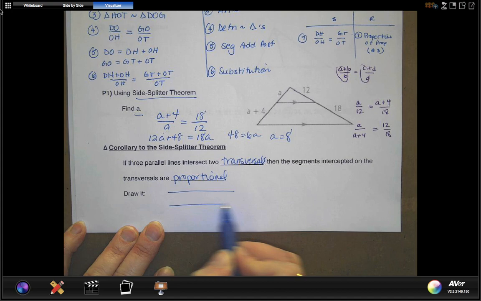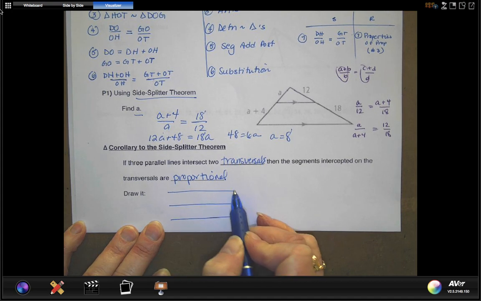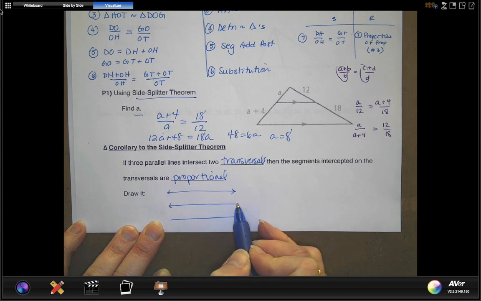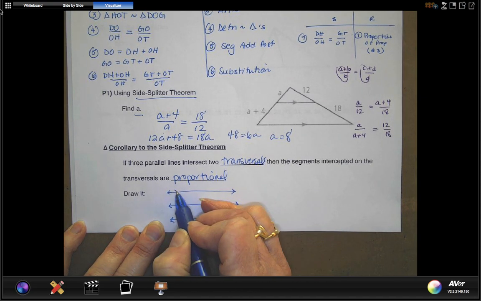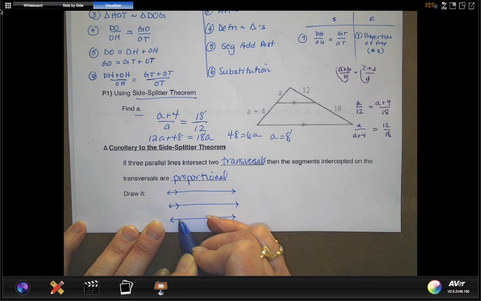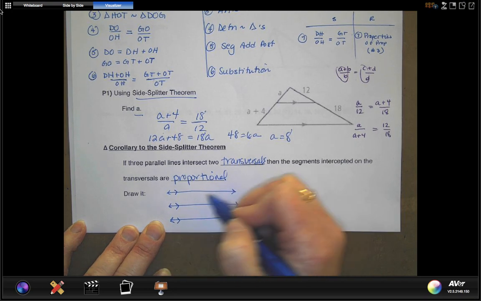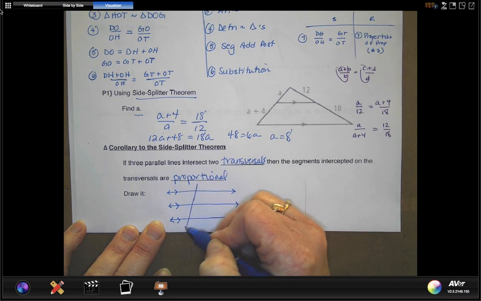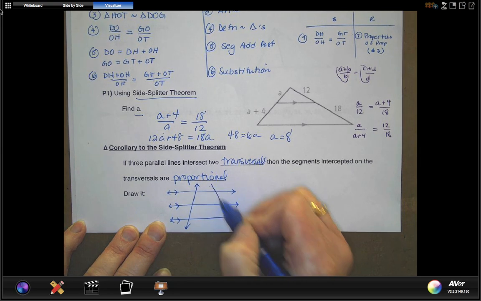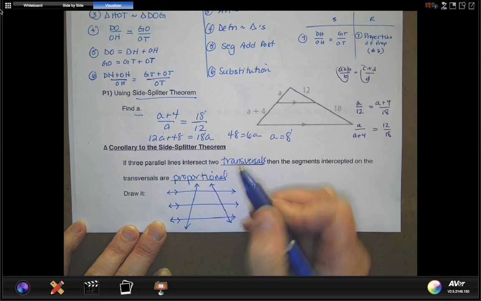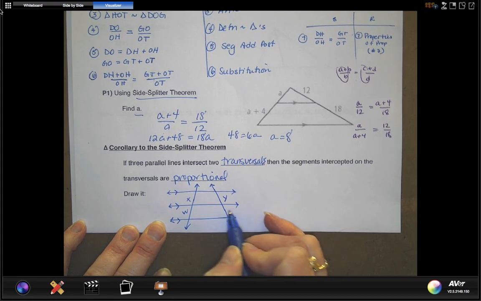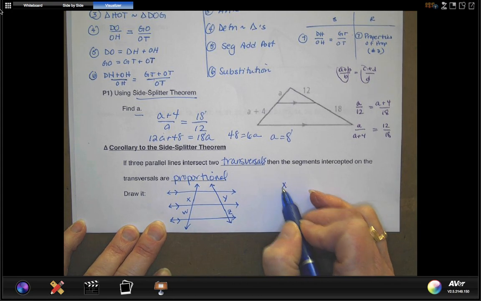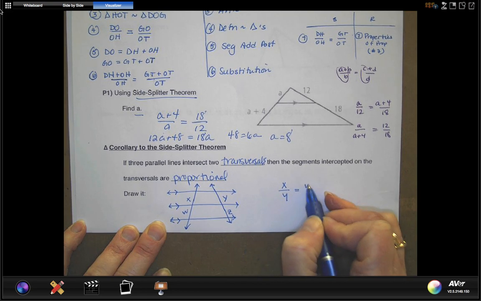So if I had three parallel lines, these are all my three lines, they're all parallel to each other, and then I have two transversals that they're intersecting. What it's saying here is that these little pieces right here are going to be proportional.